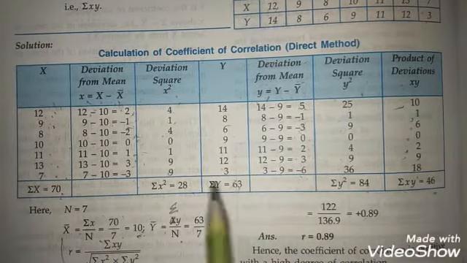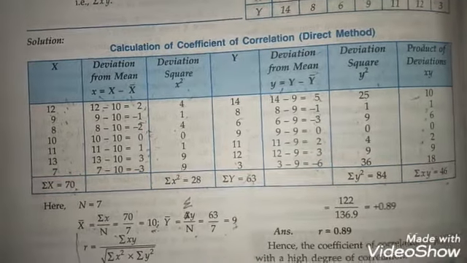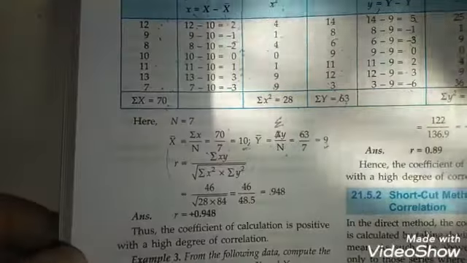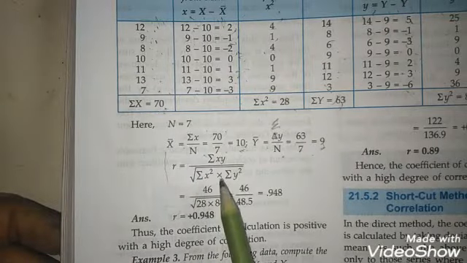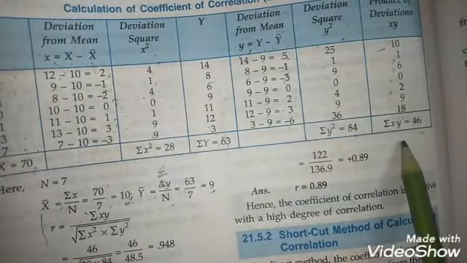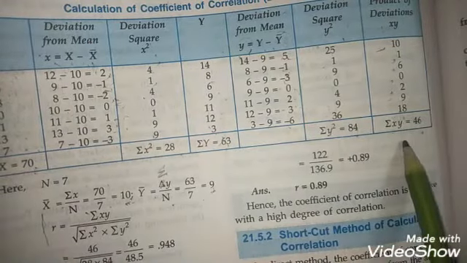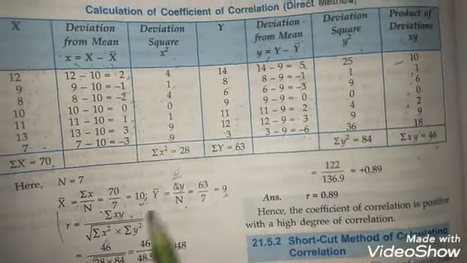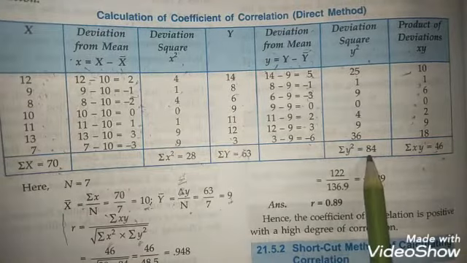And now we are going to apply these values in the formula. So the formula is summation xy upon the under root of summation x square into summation y square. So summation xy value we got 46 over here, so this value we will put over here. Summation x square is 28 and summation y square is 84.